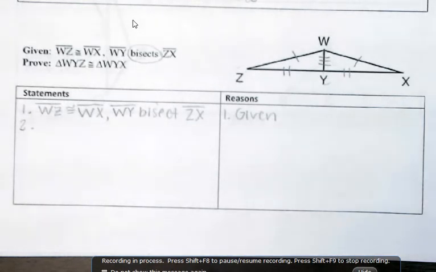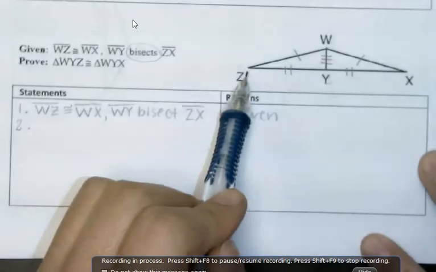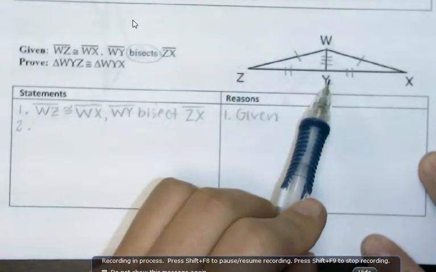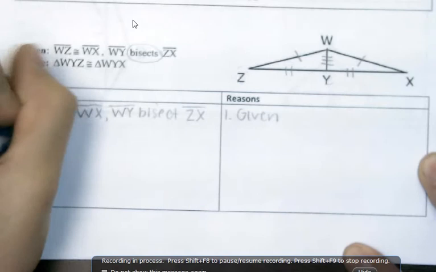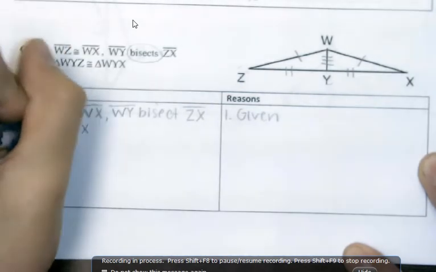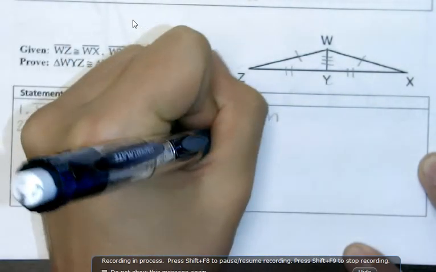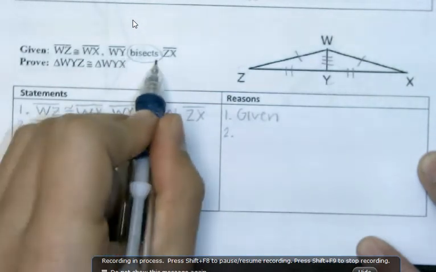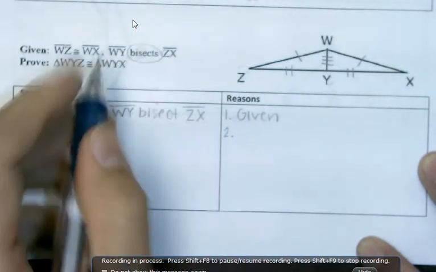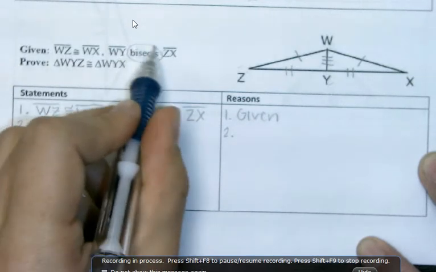So the next thing we know is that segment ZY is congruent to segment YX. So we know this by definition of a segment bisector. So again, bisects is in my given.